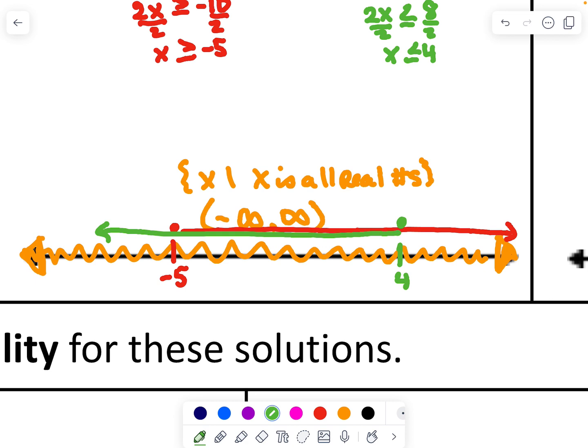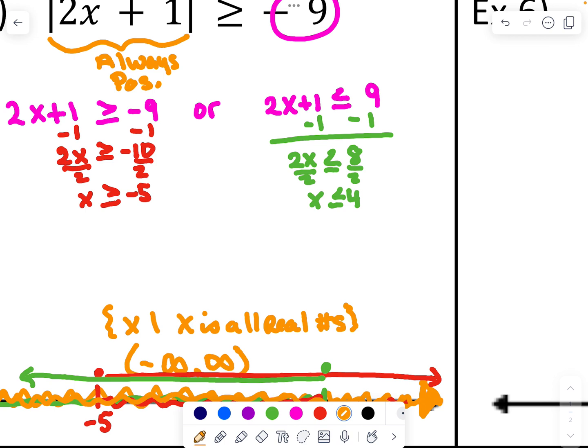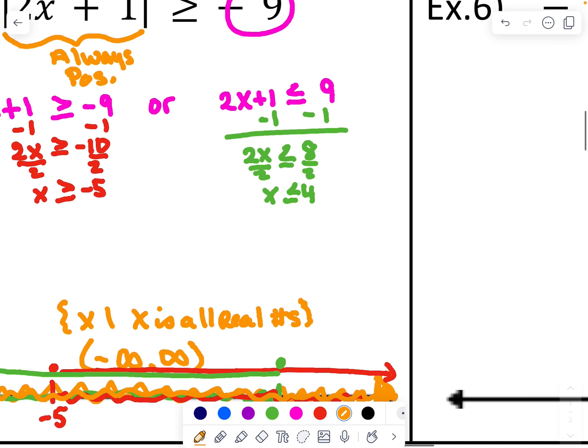We used all of this for green, and we used all of this for red. So when we look at everything that we used, it was the orange, from negative infinity to positive infinity. So if we didn't recognize it right away, we would see that. Also, we just can't make mistakes like I just made.